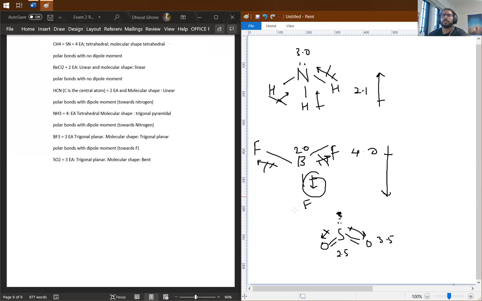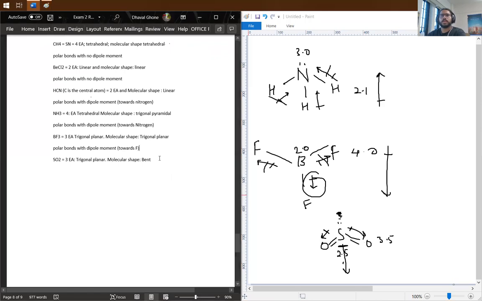And the bond is polar, but since they're symmetrically opposite, going in the same direction, they won't cancel off. They'll add up towards here. Okay, so they're not really canceling out, they're adding up towards one side. So SO2 would be with dipole moment pointing between the oxygens.